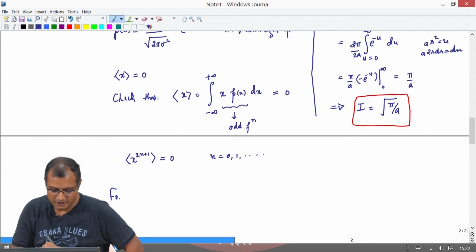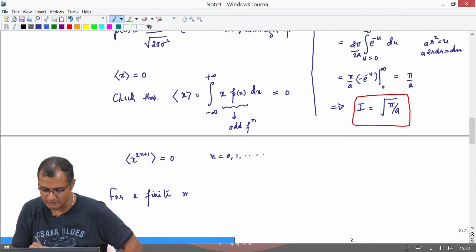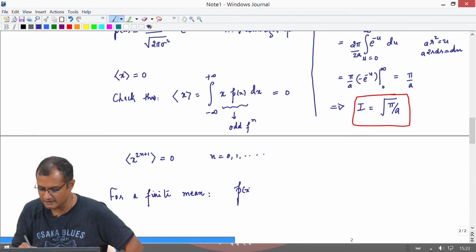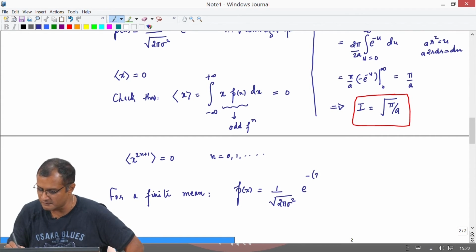So, for a finite mean you can rewrite the Gaussian distribution as p of x equals, everything remains the same, it is just that you accommodate for a finite mean as x minus lambda to the power 2 upon twice sigma square.